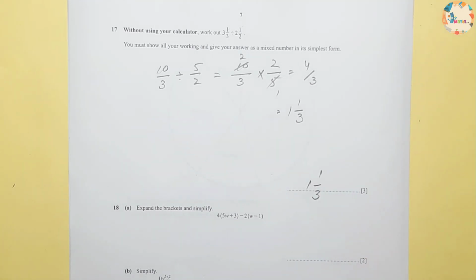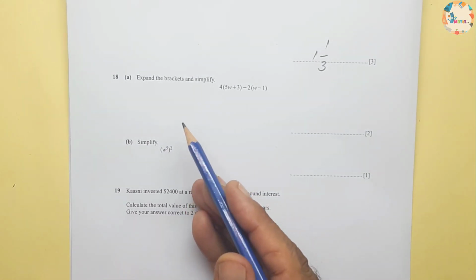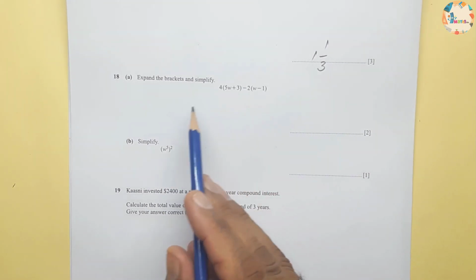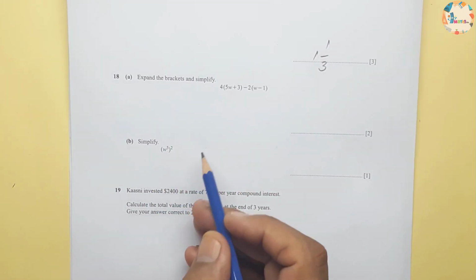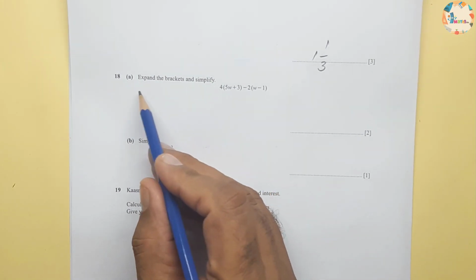It's a very simple 3 marks question. So you should concentrate on fraction questions and algebra questions like simplification and powers. These are very easy questions. Just expand this one, question number 18.